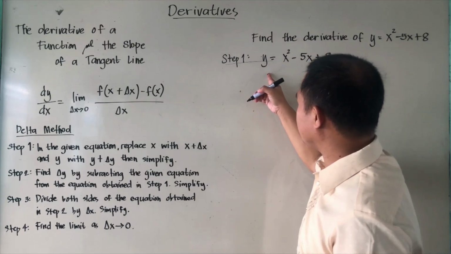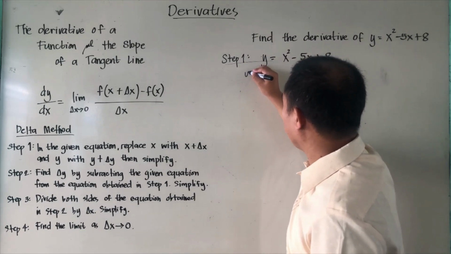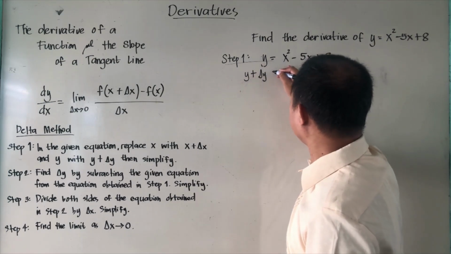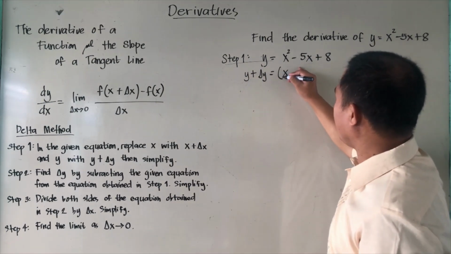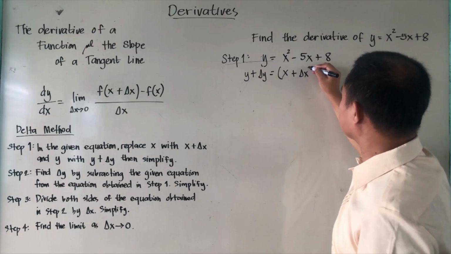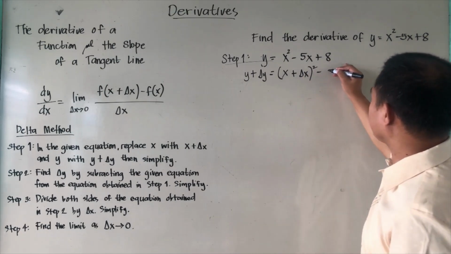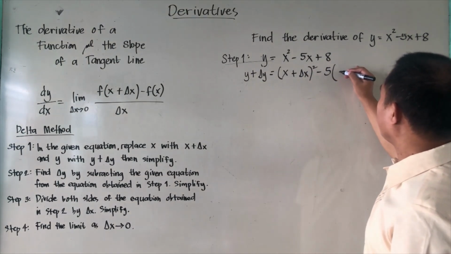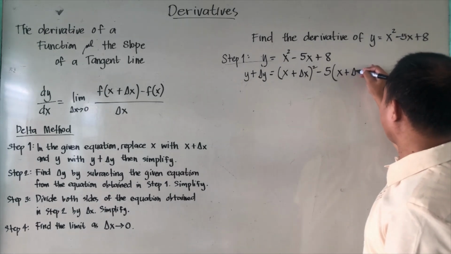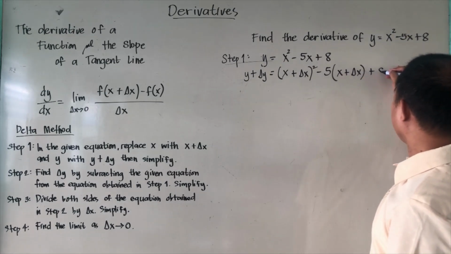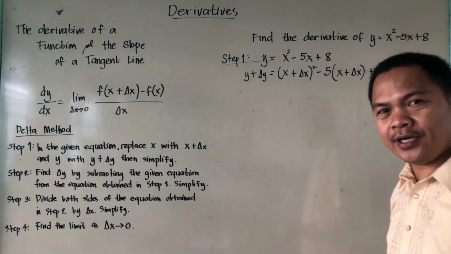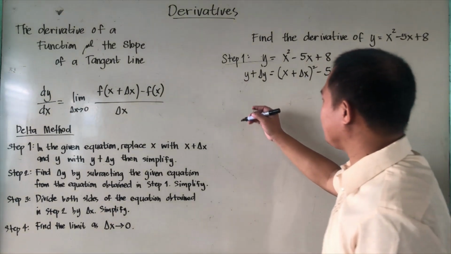Okay, so changing this to y plus delta y, y plus delta y is equal to (x plus delta x) squared minus 5 times (x plus delta x) plus 8. Are you following? Then we need to simplify this.